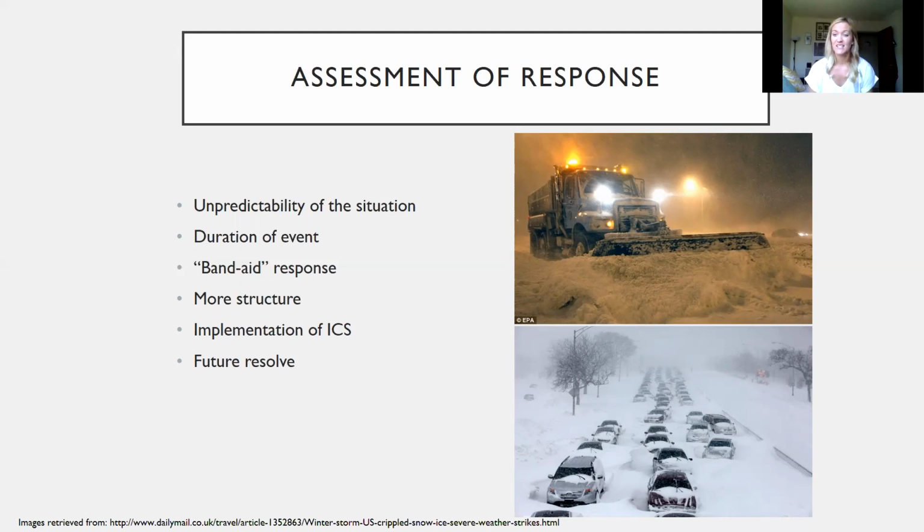Implementation of ICS formally would have been great. On a national or regional level, I think, again, it would have made the response times quicker. It would have really not cost as much. It wouldn't have had as much of an economic impact. And we would have seen more management for an objective, which is one of the baseline things of ICS.